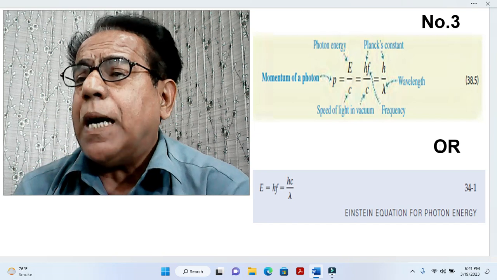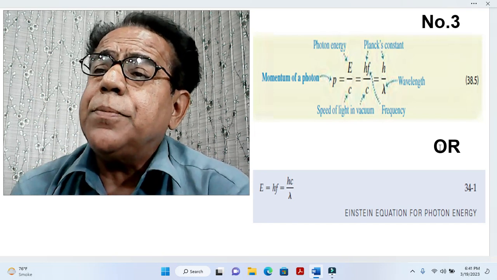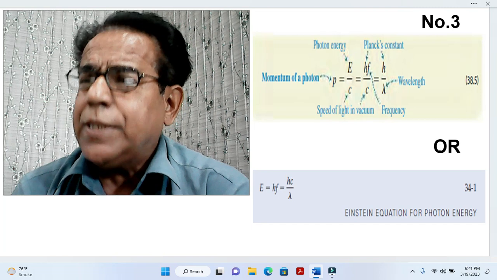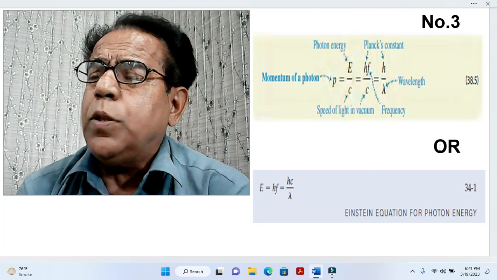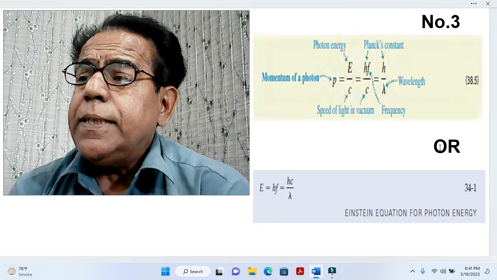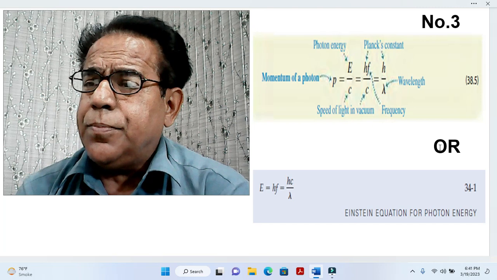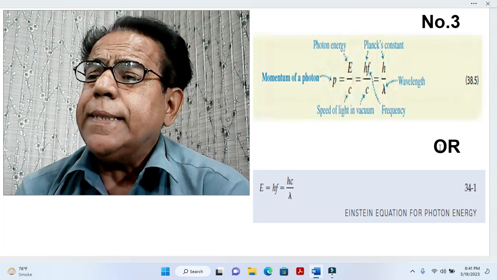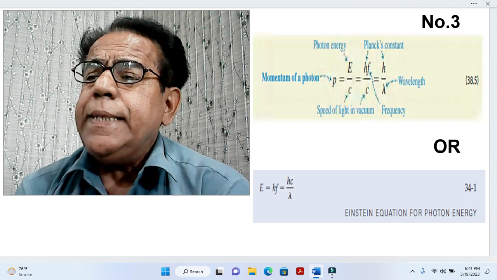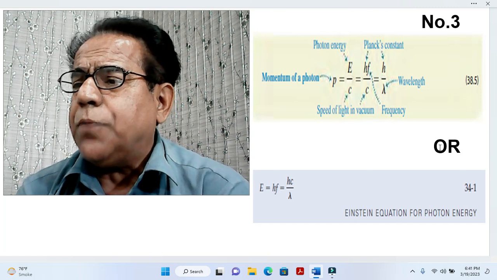However, it also conveys the same philosophy as the first part of this tool, that is tool number 3. In this second alternate tool, it is written that E is equal to HF equal to HC over lambda, Einstein equation for photon energy.